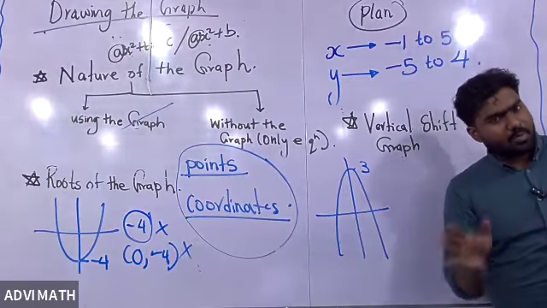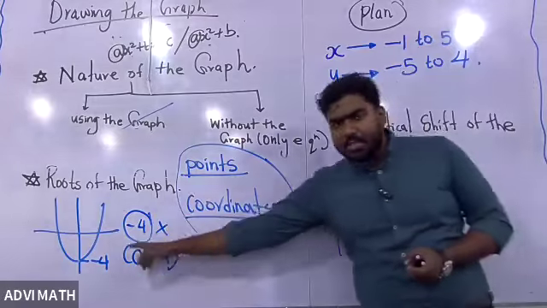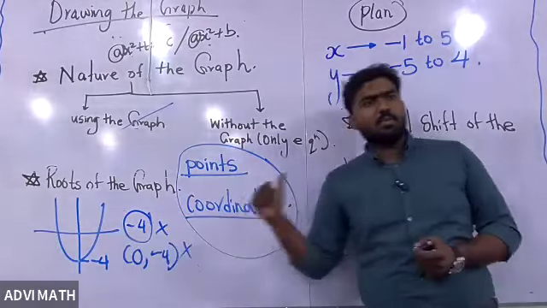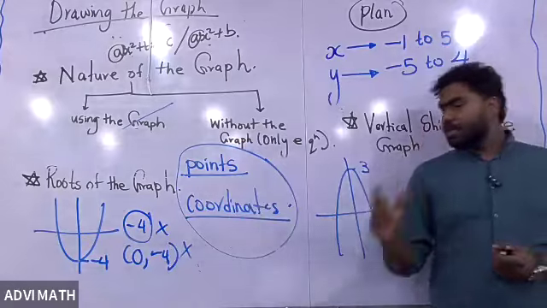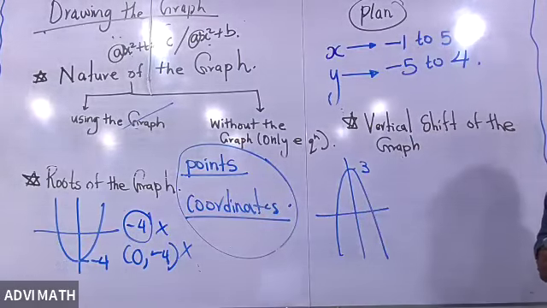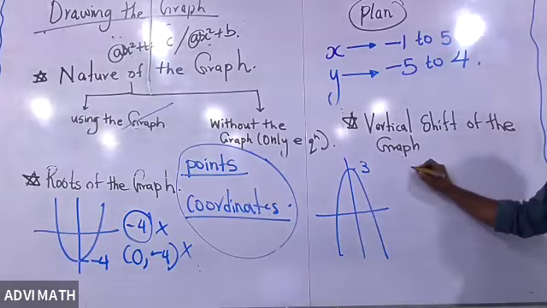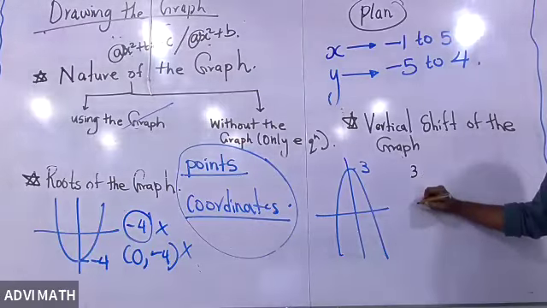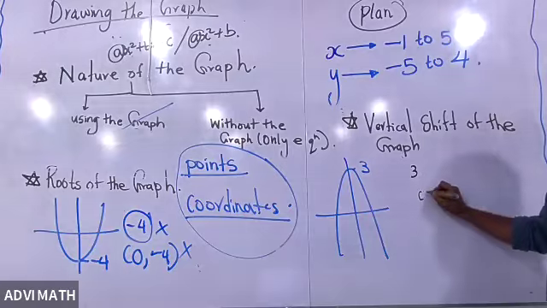A maximum graph doesn't have a minimum point. A minimum graph has a minimum point. A maximum graph has a maximum point. So what is my maximum point? 3 or 0,3? 3. What is the coordinate of the maximum point? 0,3.